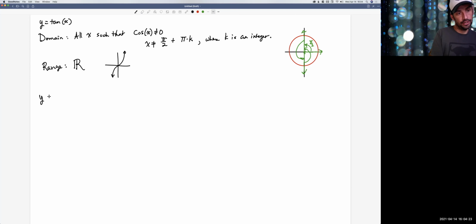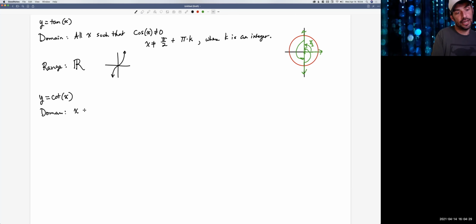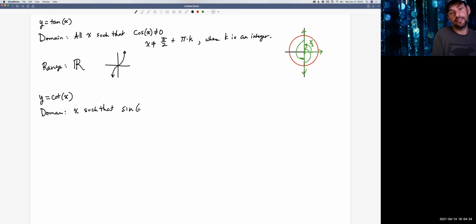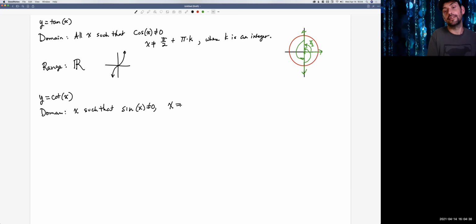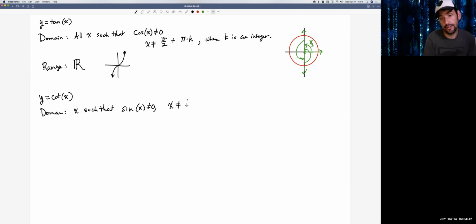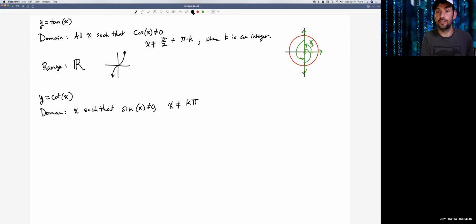Let's do cotangent. The domain is going to be all x such that sine of x is not equal to 0, or x is not equal to any multiple of pi, right? A similar reason, just looking a little bit differently.